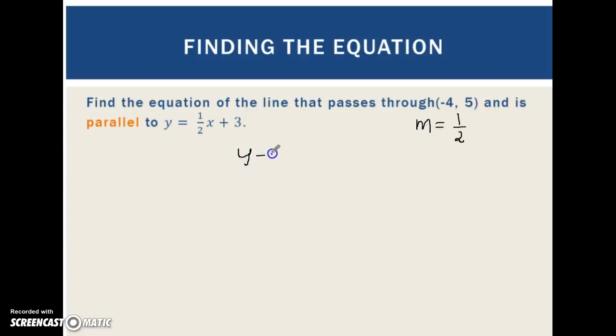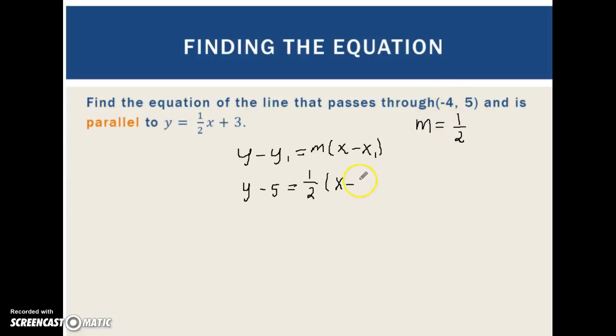So y minus y1, so our y-coordinate, equals m, which is our slope, times x minus x1. And then just plugging in our coordinates, our y-coordinate of this point is 5. So y minus 5 equals our slope, 1/2, times x minus our x-coordinate.